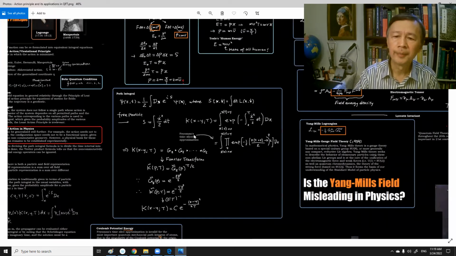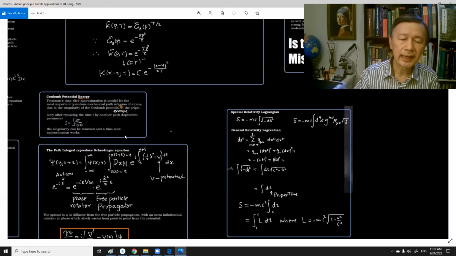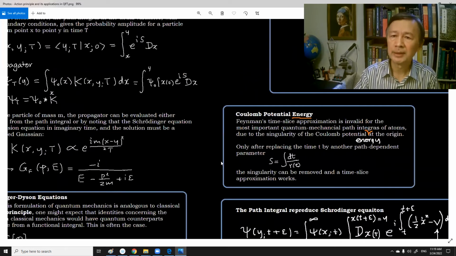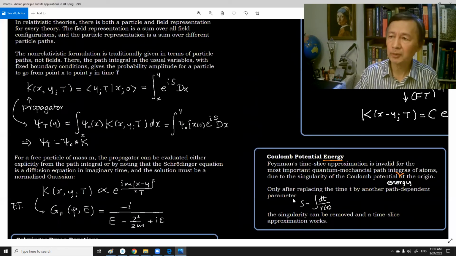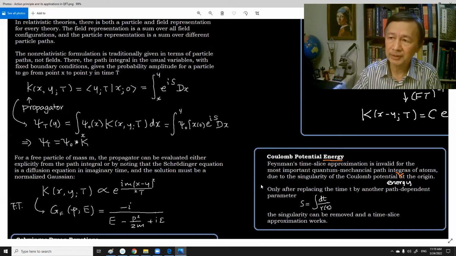I also would like to show you that the action idea has been continuously adopted in modern physics research, in particular in the area of quantum field theory and high energy physics, such as standard model physics.